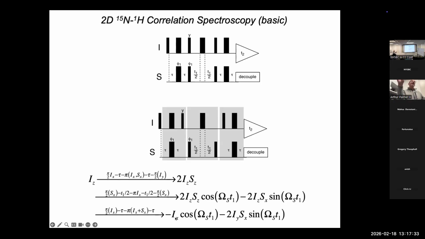It would be an in-phase doublet, but we're going to collapse the coupling with the decoupling, so we'll have singlets. What about detection here? What kind of signal do we get? No direct signal. Right, there's no signal because it's zero and double quantum coherence. So we just have this signal.